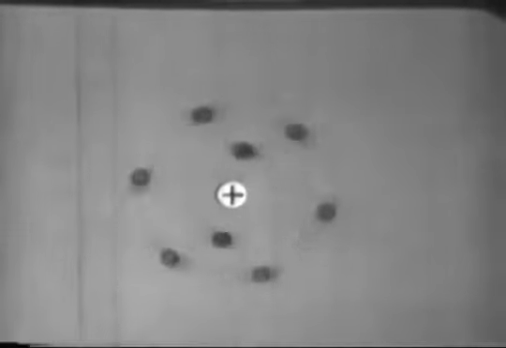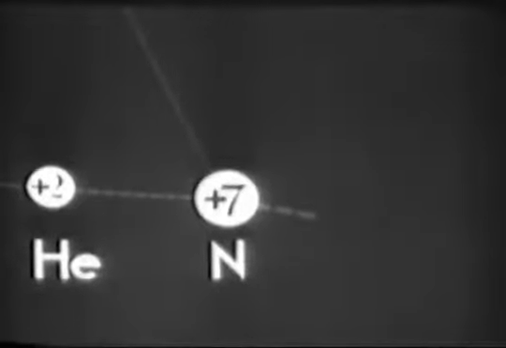He pictured a small heavy nucleus in the atom round which the electrons revolved. In 1919, Rutherford discovered how to change one element to another by bombardment with alpha particles. He suggested that the nucleus of the atom might contain protons and uncharged particles of about the same mass.